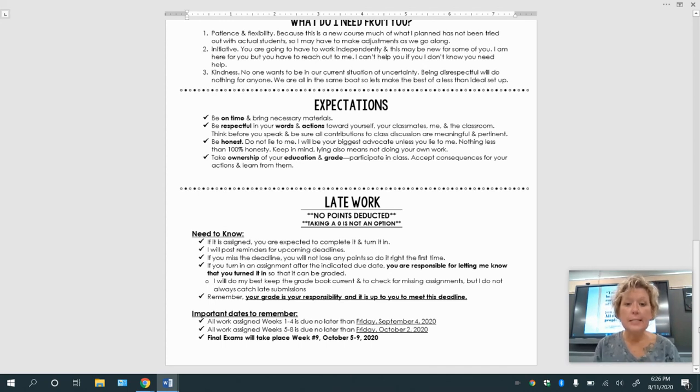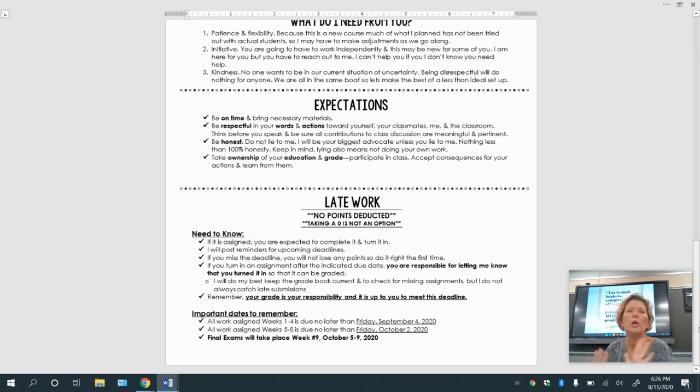If you turn in an assignment after the indicated due date, you are responsible for letting me know that you turned it in so it can be graded. I cannot keep going back through everything trying to catch all late work. We've got a lot of moving parts in this situation, and I can't make sure that all the moving parts are moving.